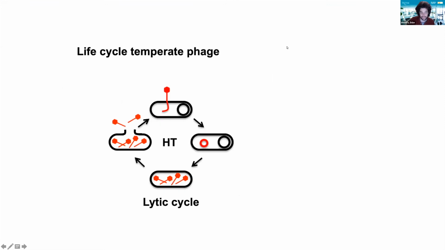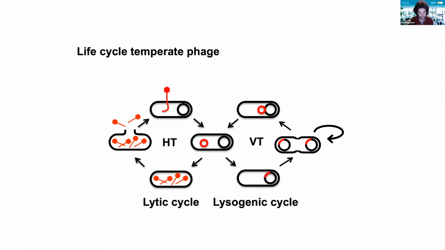Then they carried out the experiment where they used a phage that can not just go through the lytic cycle, but can also cause a latent infection. What that means is that the phage is infecting, but then it's hiding. It's integrating its own genome into that of the bacterial host.